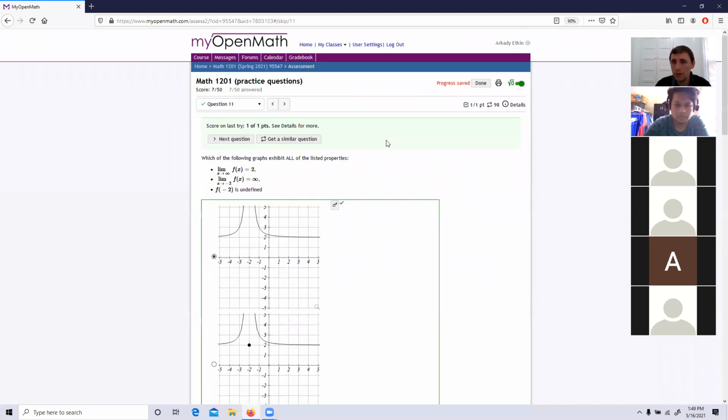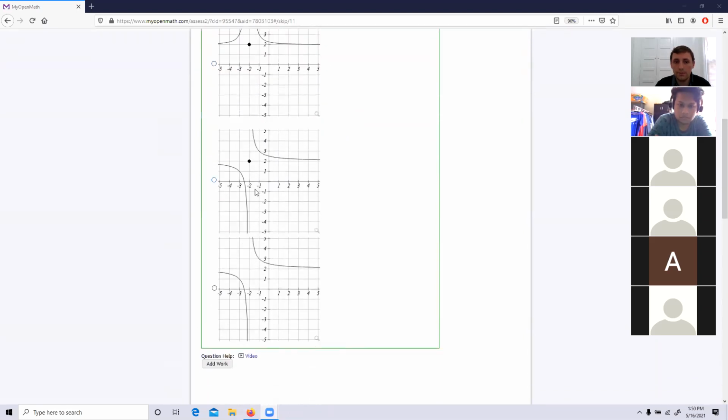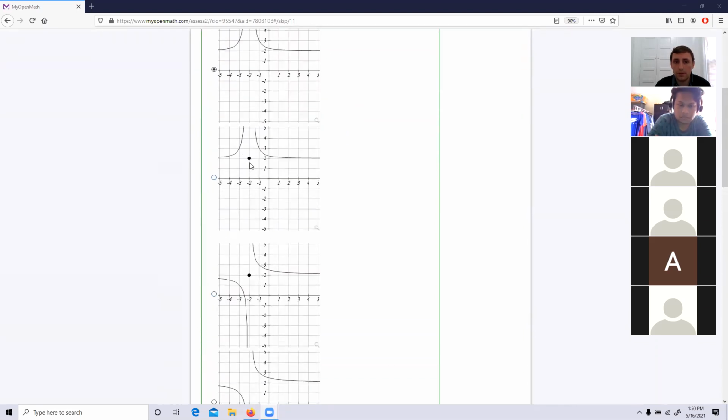Why? So we have, as x goes to infinity, it's 2. Does it look like we are approaching 2 as x goes to infinity? Yes, it does. At minus 2, it's undefined. And so there should not be a black dot over minus 2. So it eliminates already a few graphs.